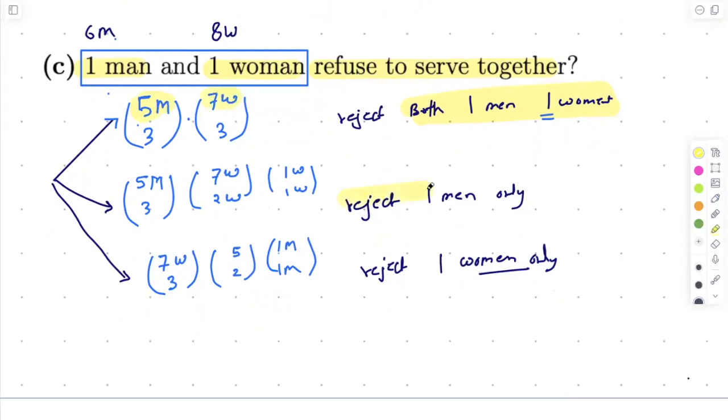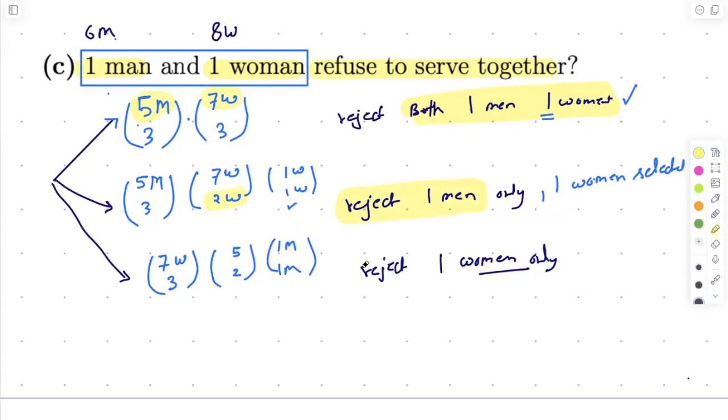When you reject only one man, this one particular woman is always selected, because if you delete her, we have already counted the case where both are not there. So one woman is selected always. How many women do you need? Three. So out of the remaining seven, I need to choose only two women.